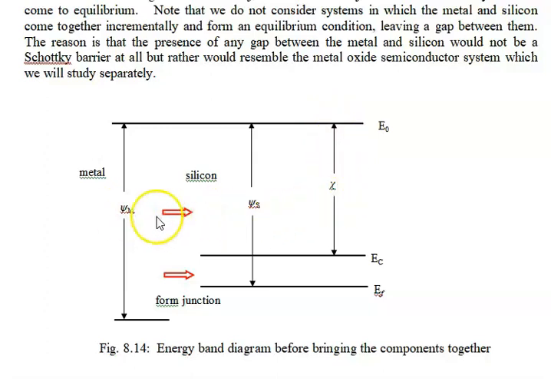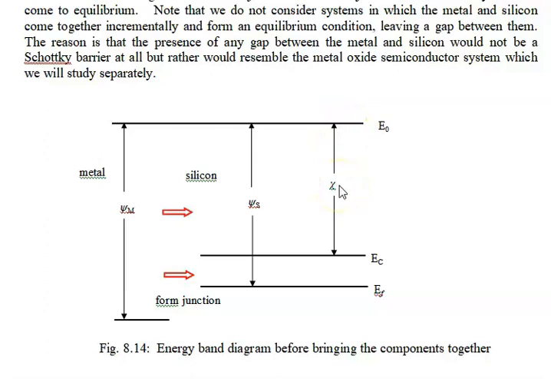The important thing is that psi sub s is a function of the Fermi level. If the Fermi level rises, the work function decreases. But xi, because it's between the conduction band edge and the free electron energy level, does not change.